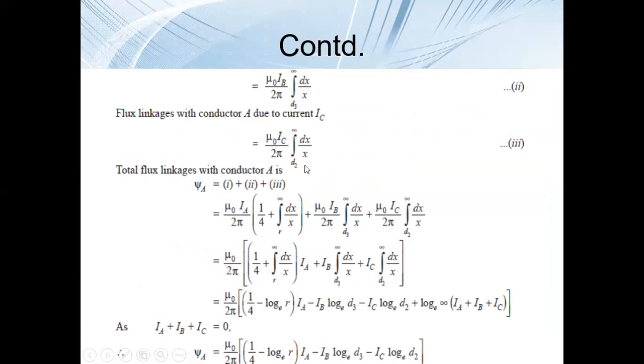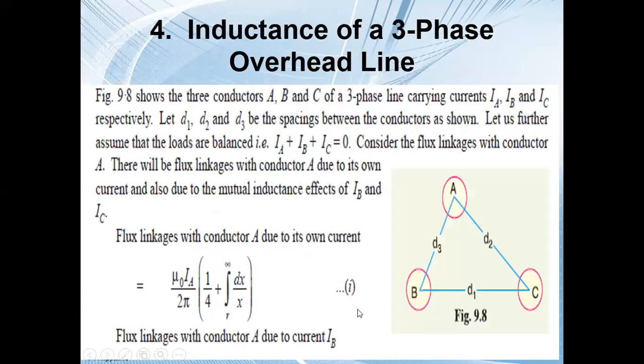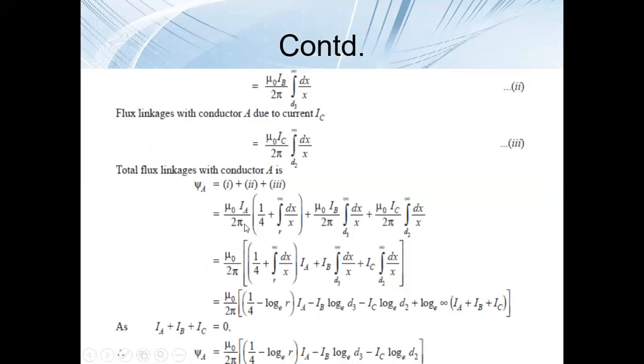So now what is our task? We have to calculate the total flux linkage of the conductor A. This flux linkage will be the contribution of the individual currents, that is, due to its own current IA, then due to current IB, and due to current IC. So we add all these factors.